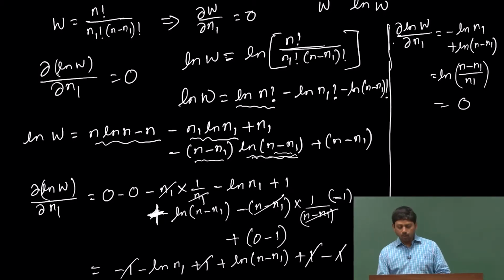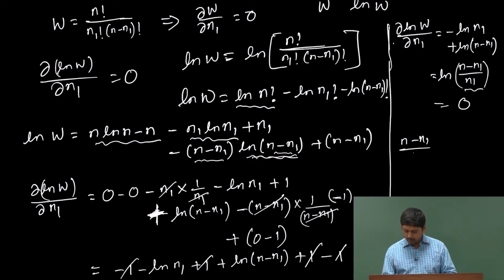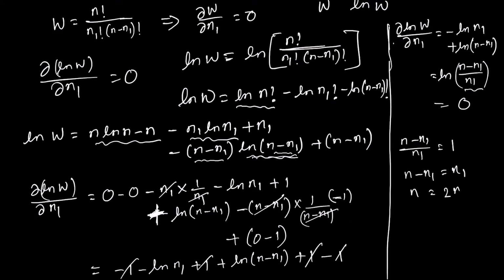So, when is ln equal to 0? When this quantity is 1. So, (n minus n1) by n1 is equal to 1, which is n minus n1 equal to n1, which is n equal to 2 n1 and n1 equal to n by 2. So, we have seen that when n1 equals n by 2, then W will be maximum.